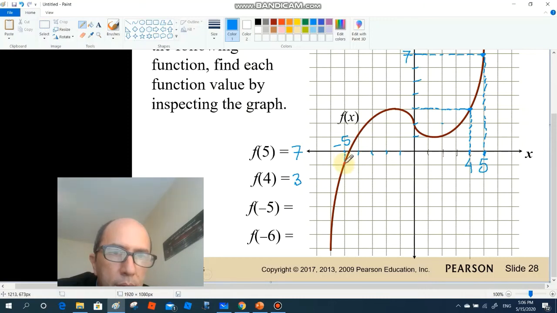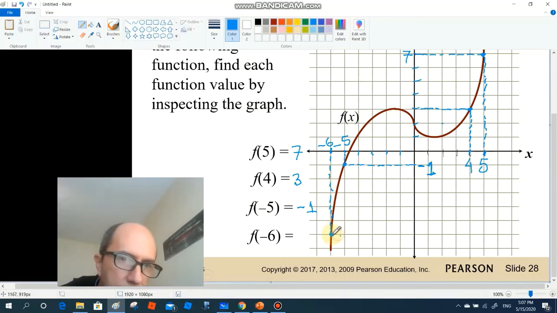Now we intercept the graph here, and y equals negative 1. And the last one, function of x equals negative 6. And negative 6 is here, right? Negative 6 here. Let's intercept the graph.